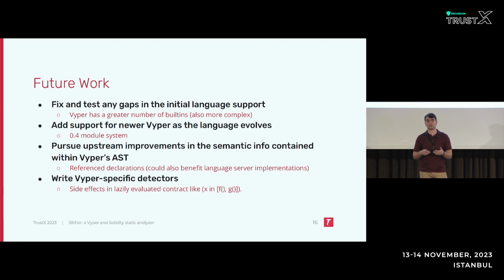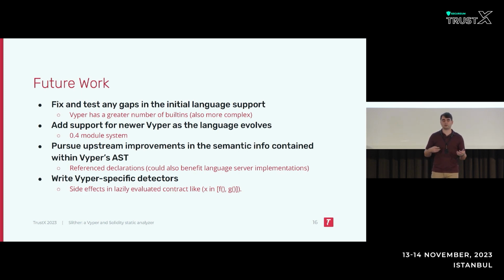So those are the kind of things that we will continue to work on. Also, Vyper is still rapidly changing. They have a planned update in the next breaking release, 0.4, for some sort of module system to be able to reuse code. That's something that, as the language evolves, we need to keep up with.